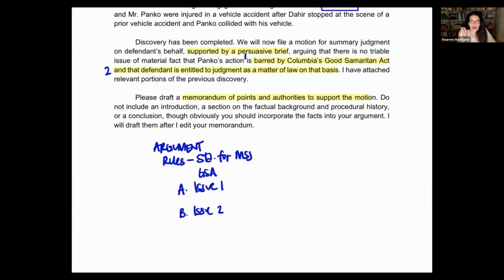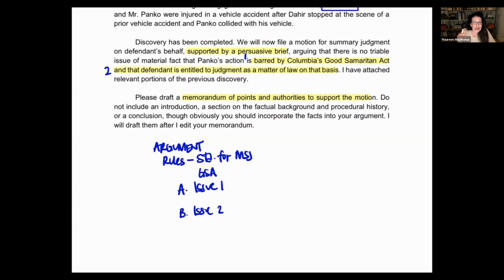So whatever you have, any standard, but particularly for a motion for summary judgment, whenever you have any sort of standard, you have to show that that standard is met for any legal issue. The Good Samaritan Act, once we get into the library, we're going to see that there's really two arguments, two points. And I want to show that for the first issue, there's no triable issue of material fact such that we are entitled to judgment as a matter of law on issue 1.